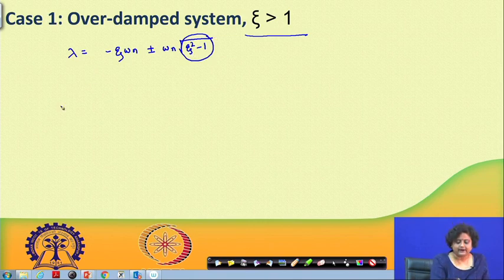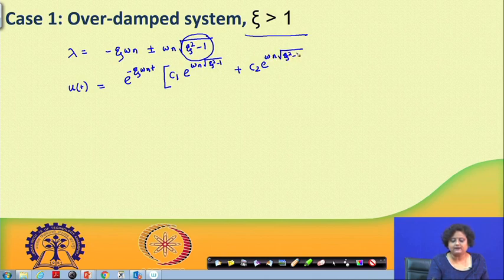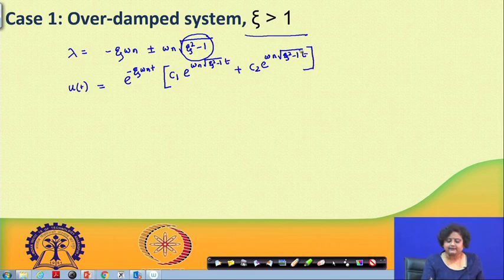Therefore, the response u(t) is e to the power minus zeta omega n t into C1 e to the power omega n square root of zeta square minus 1 t plus C2 e to the power minus omega n square root of zeta square minus 1 t. I do not have any imaginary part here, so the response is going to be completely non-oscillatory.